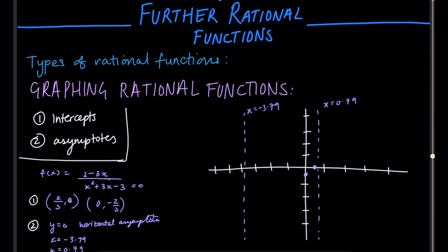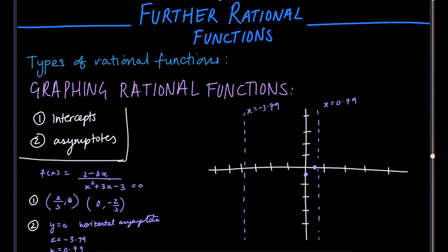So now what we can do is test a point on each side of the asymptote. So we can test a point here, test a point here, and test a point here, and then we'll know if it's negative or positive, and if the graph is increasing or decreasing.